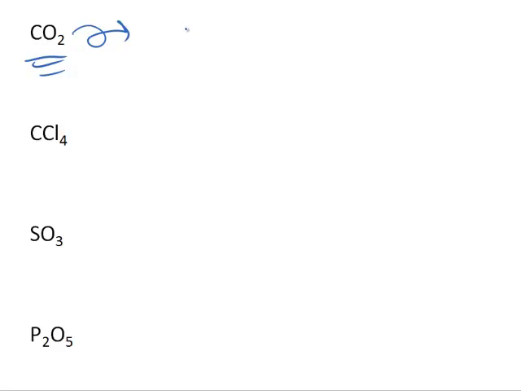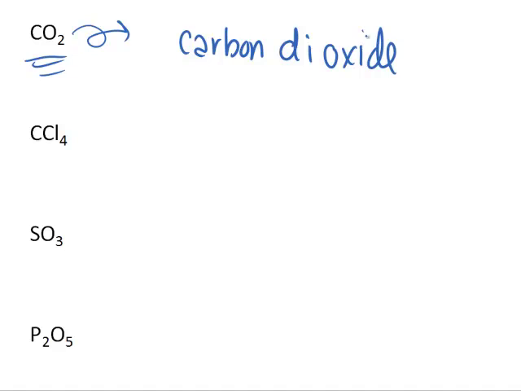Okay, so carbon is just 1, but because it's first, we're not going to use the prefix mono. There are 2 oxygens, so we're going to use the prefix di, and then of course oxide. Okay, you also know the name of this one, and if you tried it, you probably got it right, carbon monoxide.